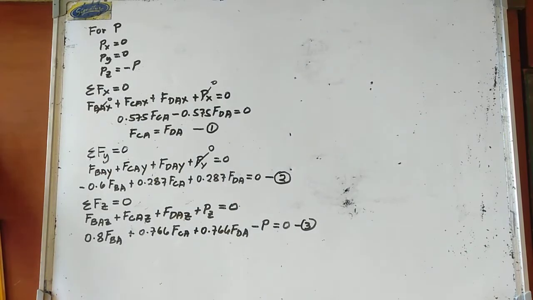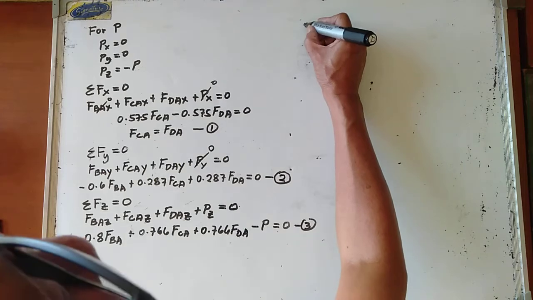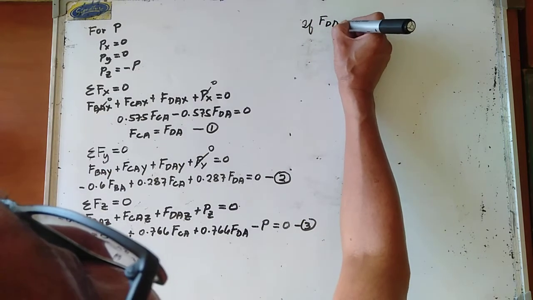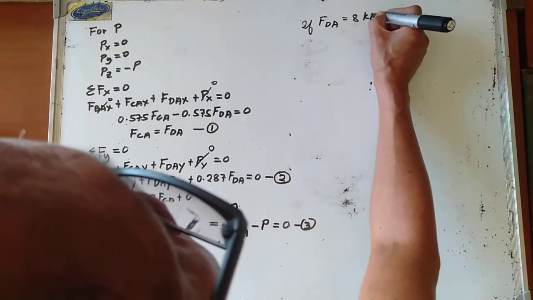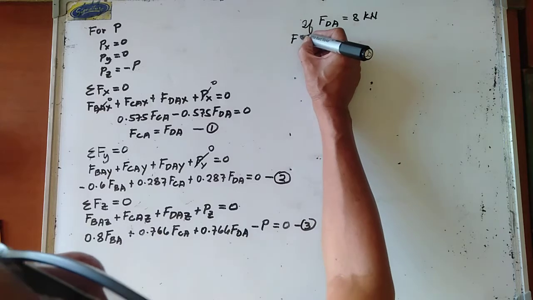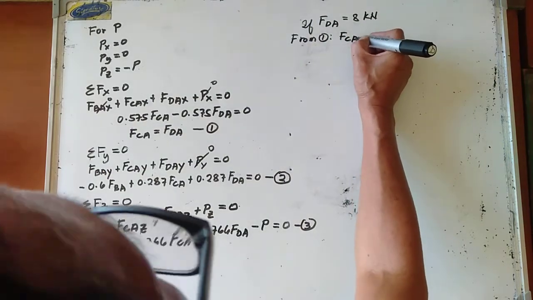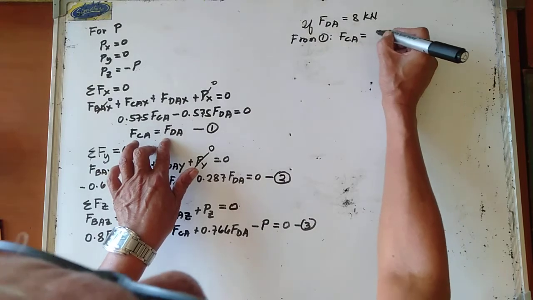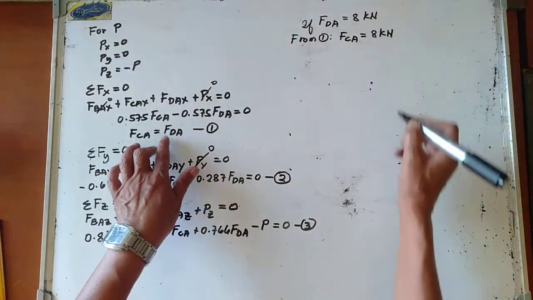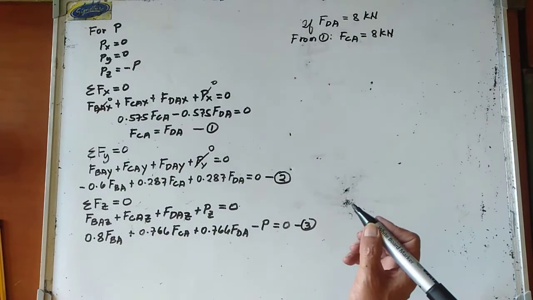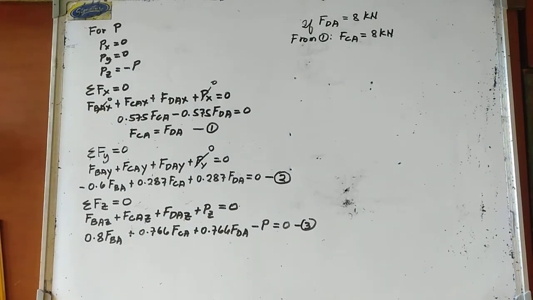Now, since the force in any leg is limited to 8 kilonewtons, if FDA is equal to 8 kilonewtons, then from equation 1, FCA is equal to FDA, and that is therefore equal to 8 kilonewtons. Then, let us try to determine FBA.